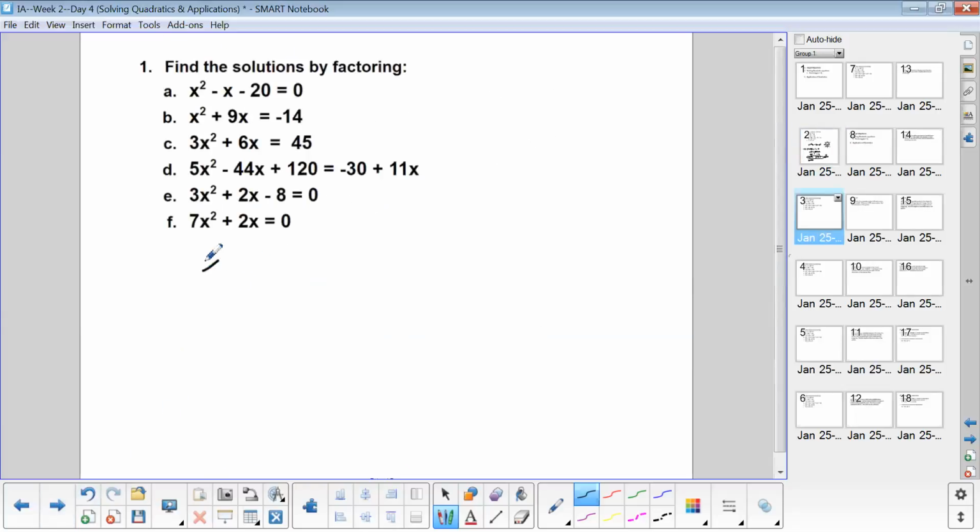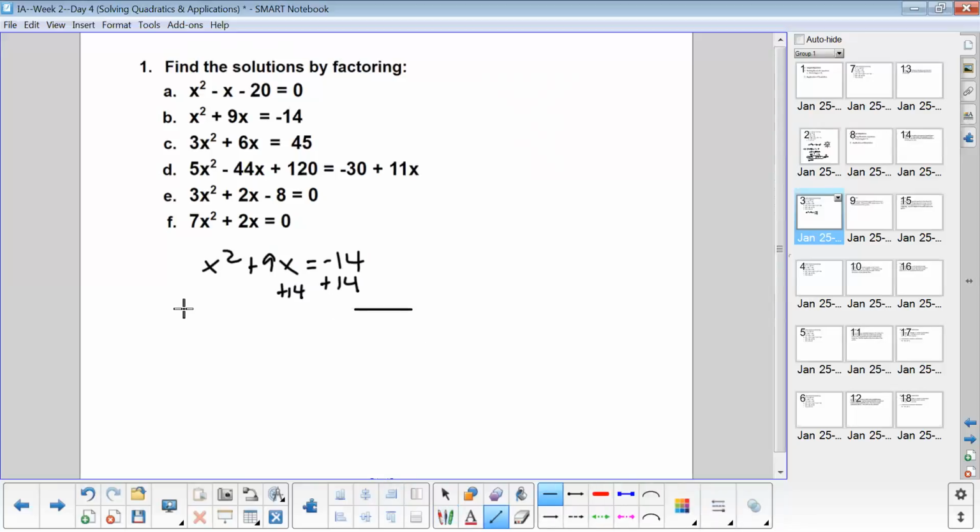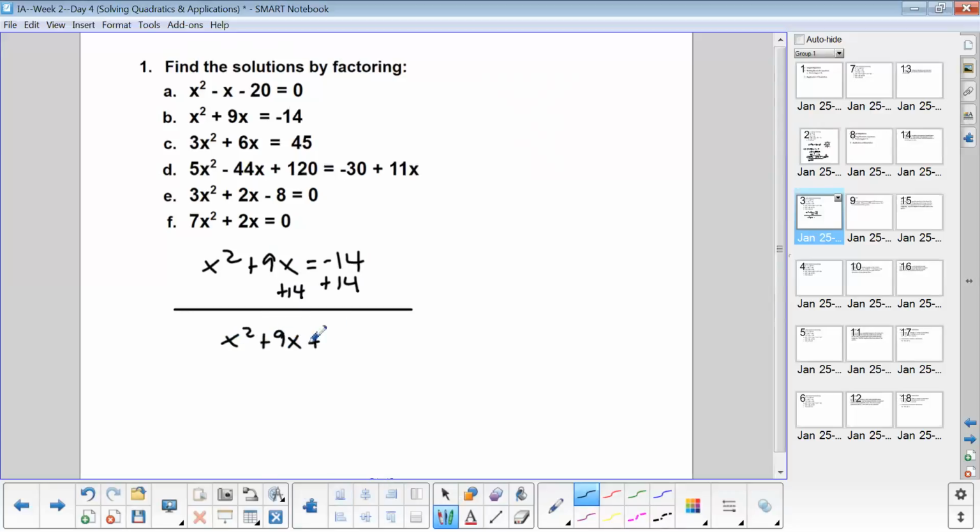Part B, you've got x squared plus 9x is equal to negative 14. We want to set this equal to 0, so we're going to use the inverse operation and add 14 to both sides. That gives us x squared plus 9x plus 14 is equal to 0.